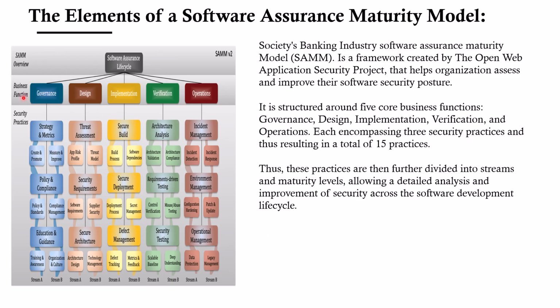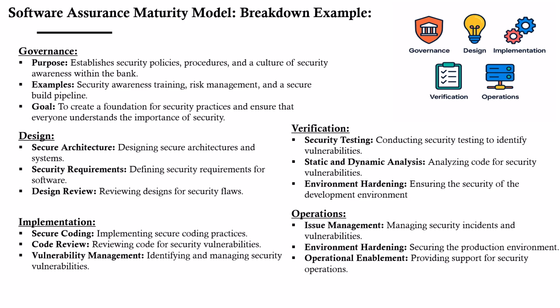And here we go, the five core functions. And then we have the three security practices here. And then it'll total 3, 6, 9, 12, 15 for the total of 15 practices. And here's a breakdown example of a software assurance maturity model, how we'll use those five functions.